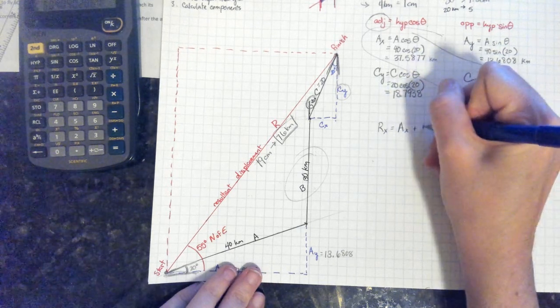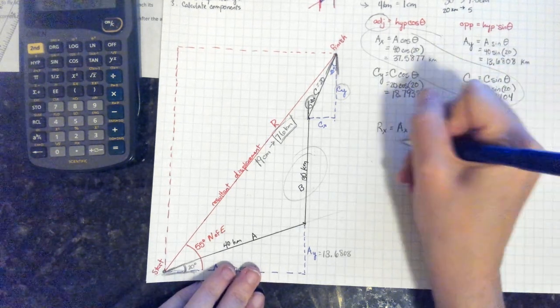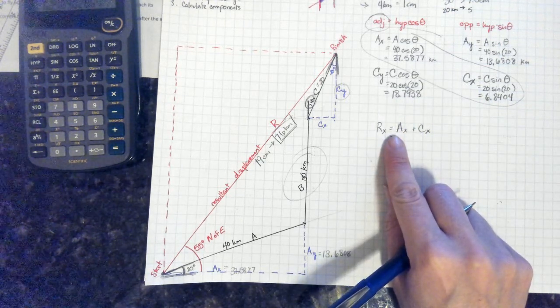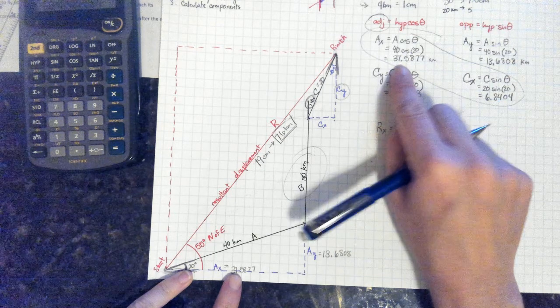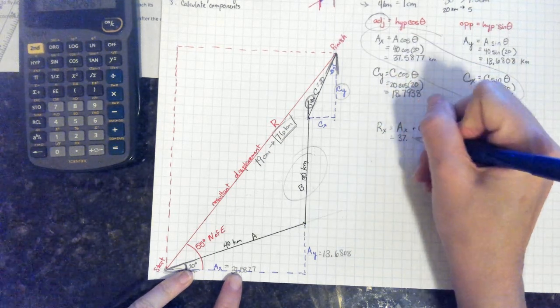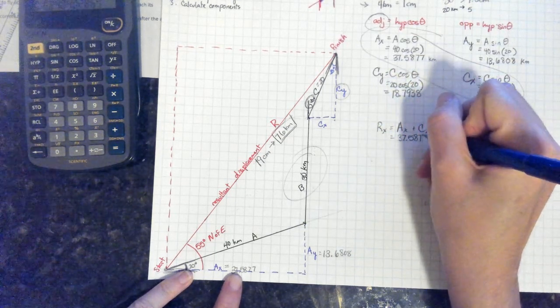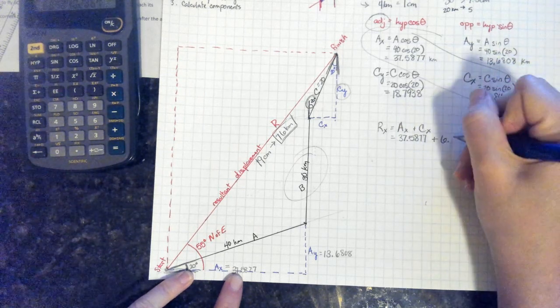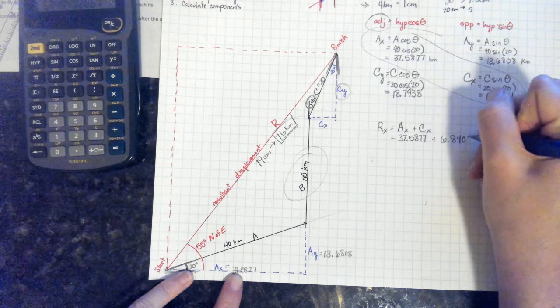AX plus CX. AX is 37.5877. CX is 6.8404.